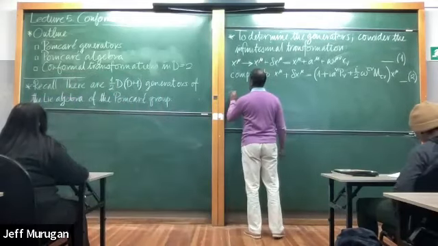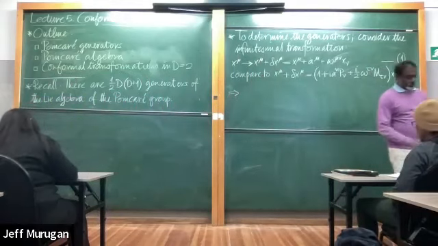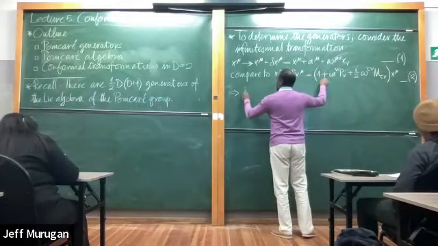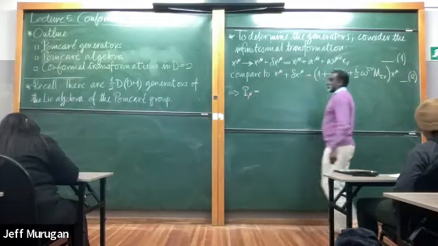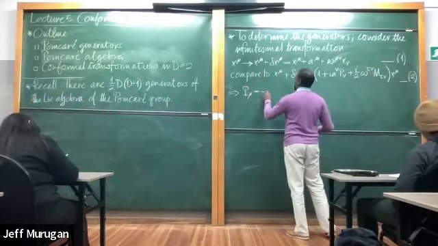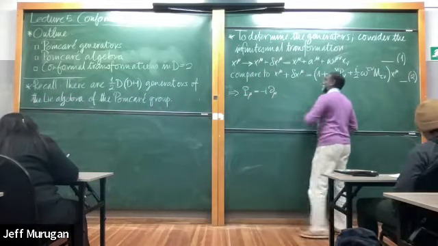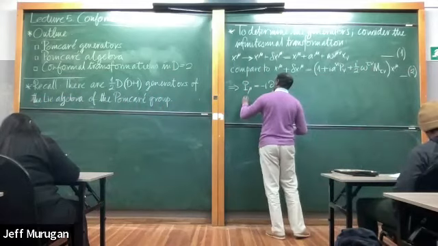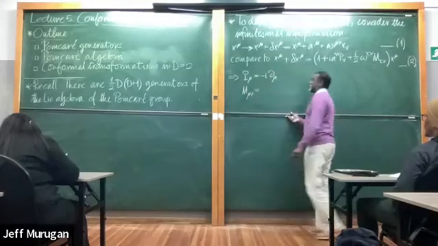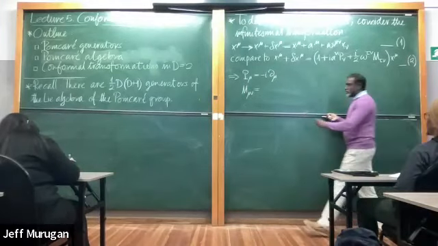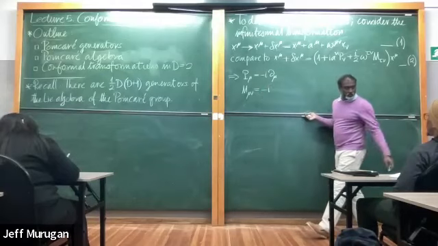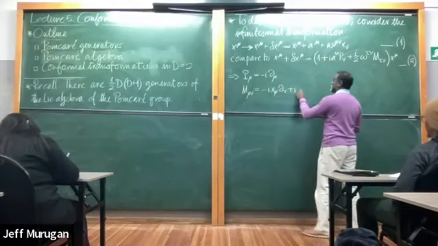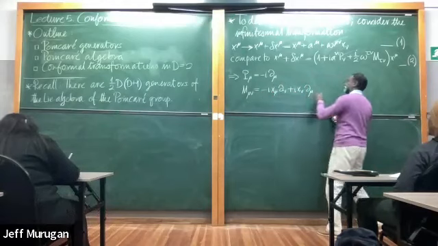So by looking at this, I can read off that for these two expressions to match, P mu must be minus i d by dx mu, d mu, and M mu nu must be minus i times x mu d nu plus i times x nu d mu.